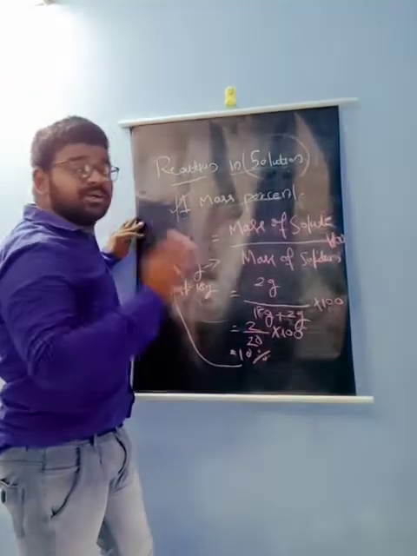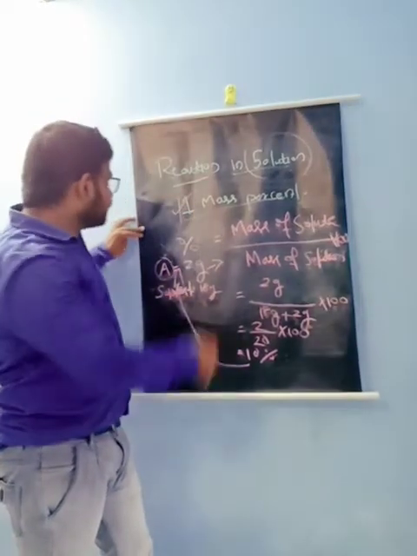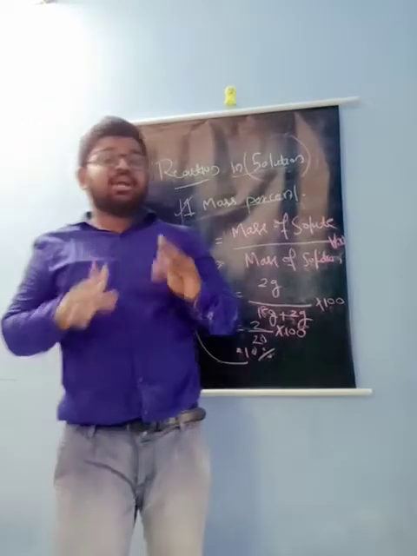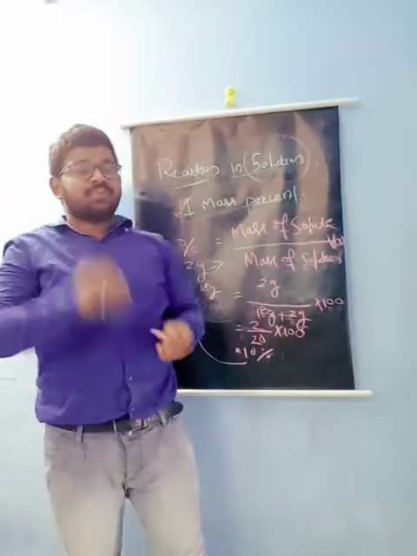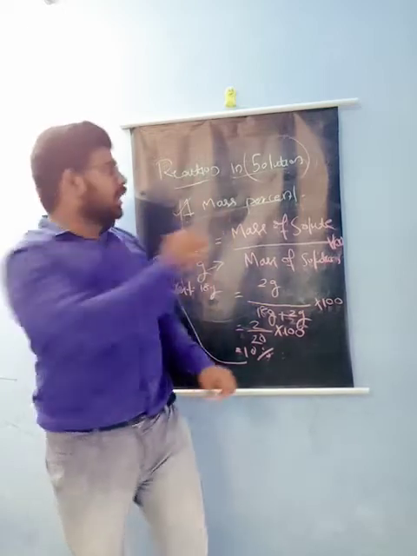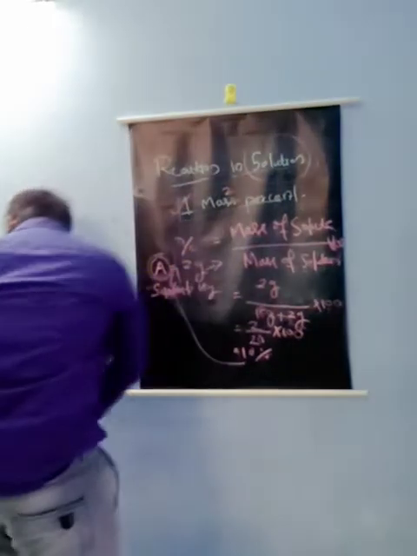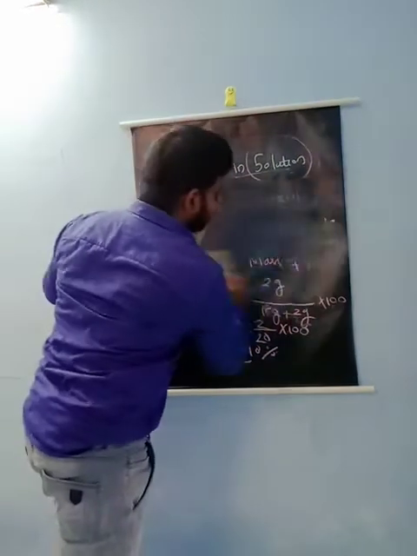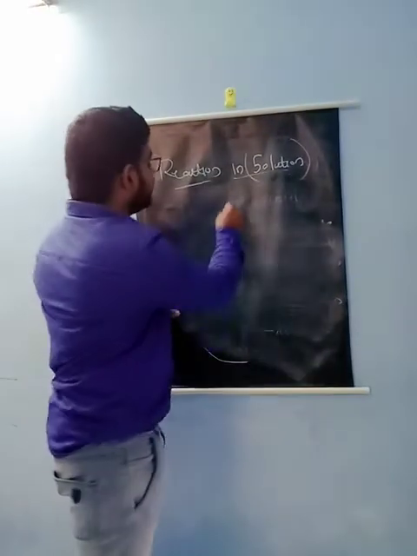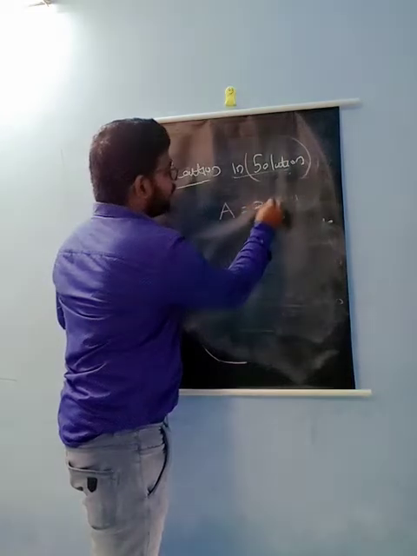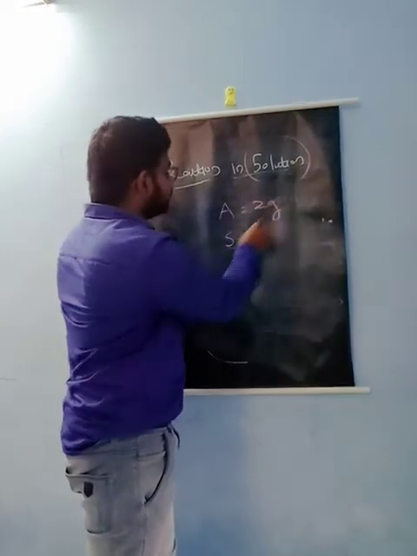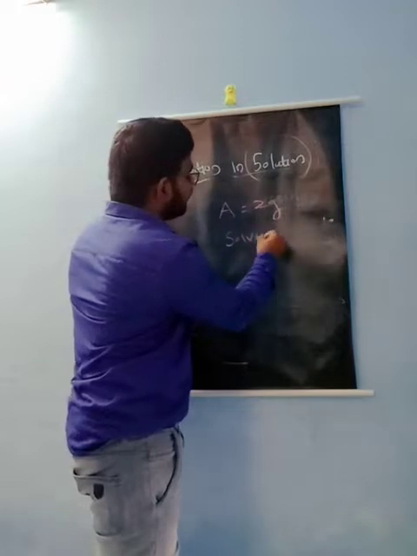So here we determine the mass percentage of a particular compound. To conclude, here we have given a solute A that is 2 gram, and a solvent 18 gram.